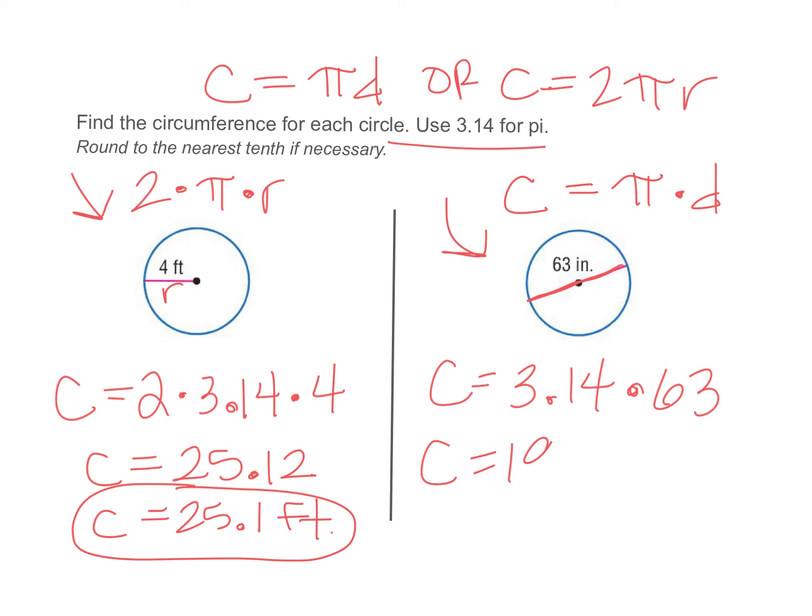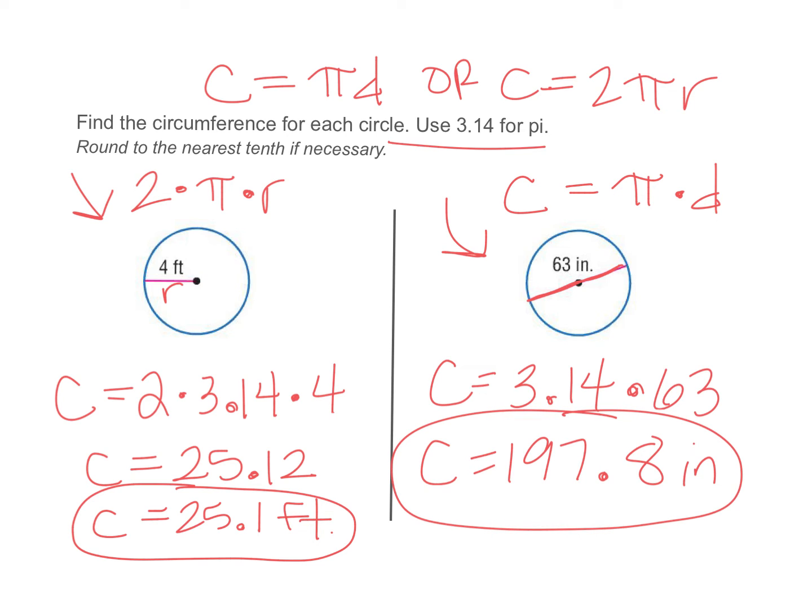C equals 197.82. If we round it to the nearest tenth, it'd be 197.8 inches. If I'm given the diameter like I am here, but I still want to use the formula 2 pi r, I can definitely just take half of the diameter, figure out the radius, and then times it by 2, and then times it by pi.